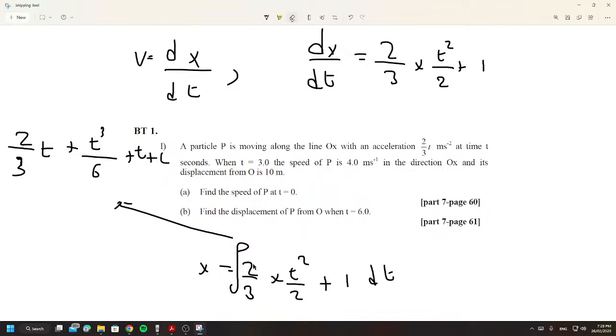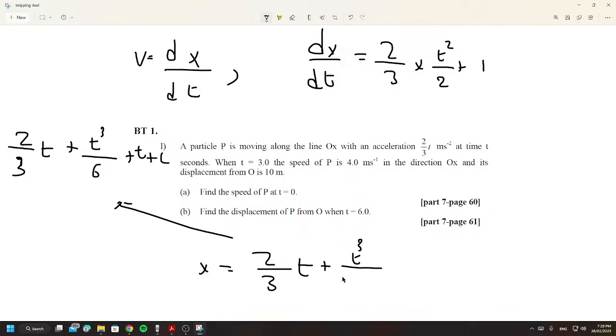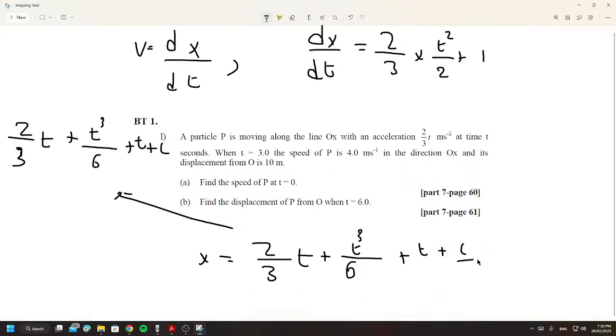I'm going to replace that into here first, and if I get that wrong, I'm going to try the other method because I completely forgot how to integrate. So 2 over 3 t plus t cubed over 6 plus t plus c. Now we're going to have to find c.